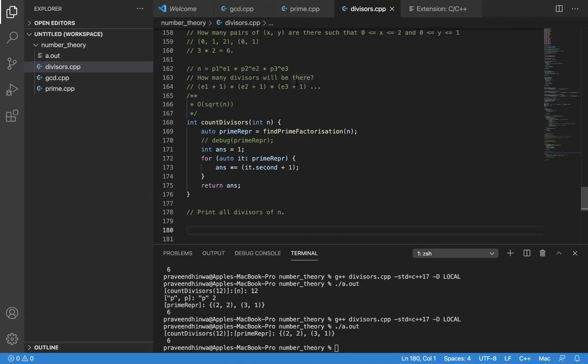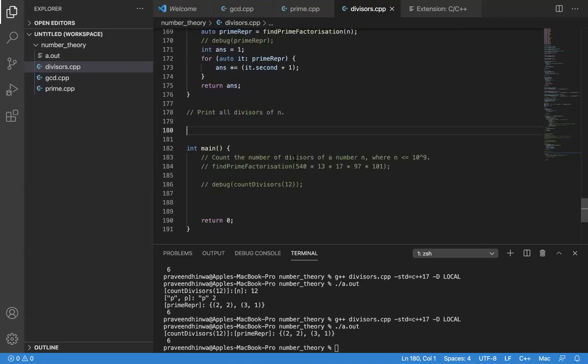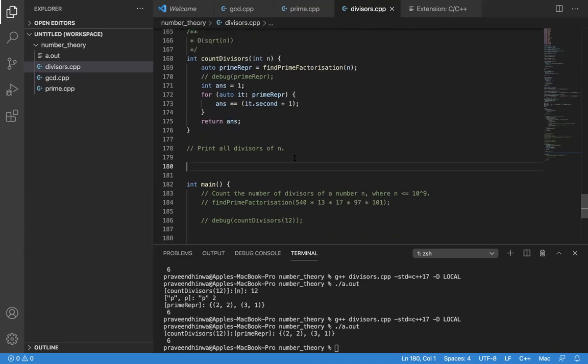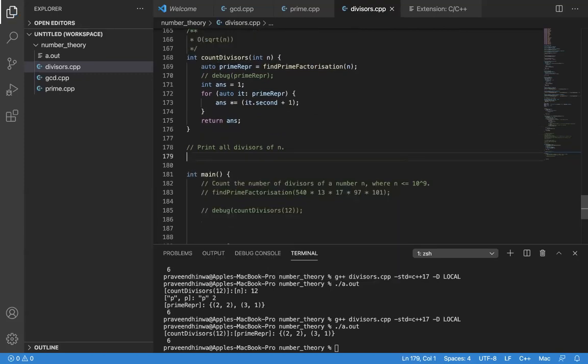You first find the prime representation, p1 power e1, p2 power e2, and then you do a recursion to select how many powers of the first prime you will select, how many powers of the second prime you will select, and so on. Do you want me to implement that?